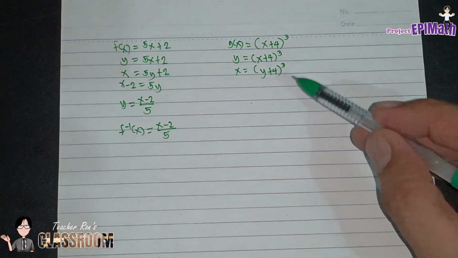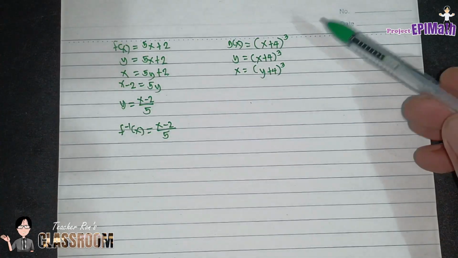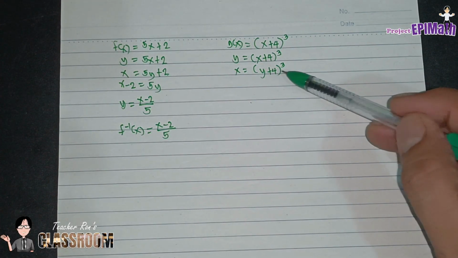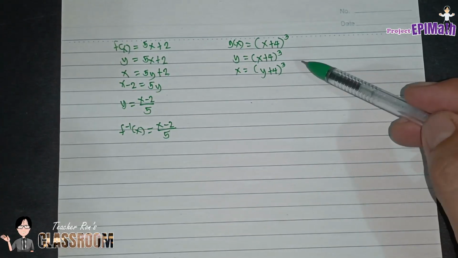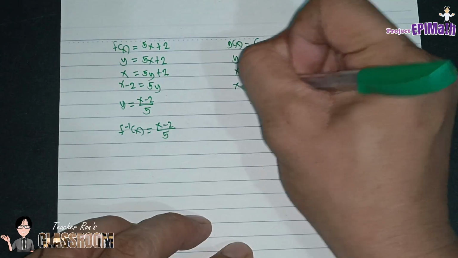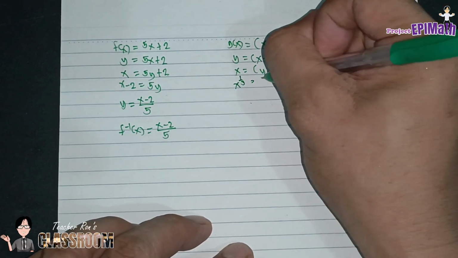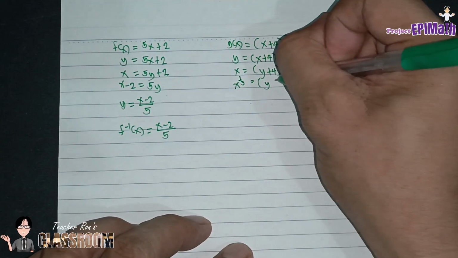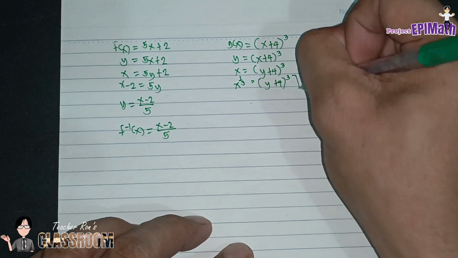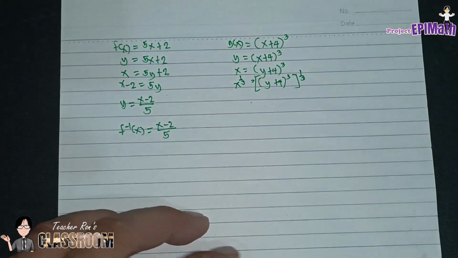So pagdating dito, ito muna ang kinakailangan mo natin mawala, yung exponent na 3. So, or we're going to raise both sides by 1/3. So we have x raised to 1/3 equals y plus 4 raised to 3 and then raised to 1/3.